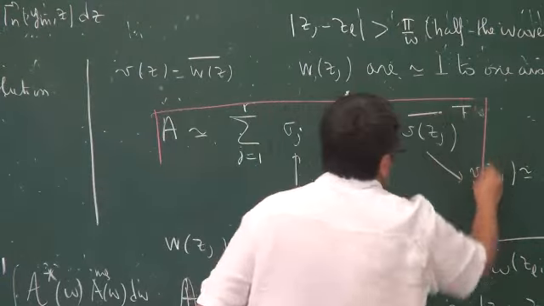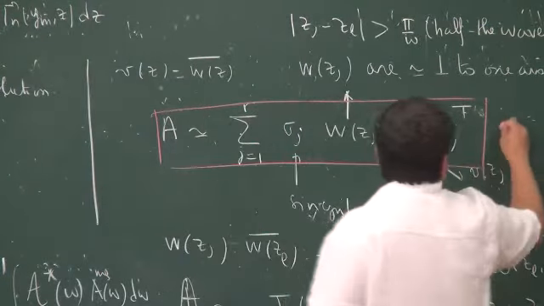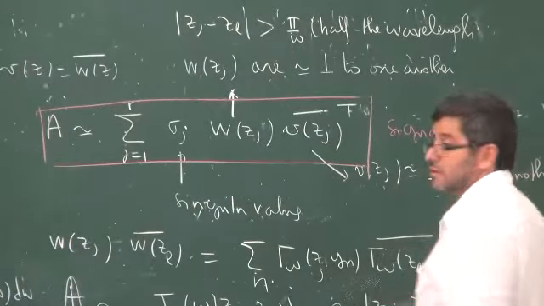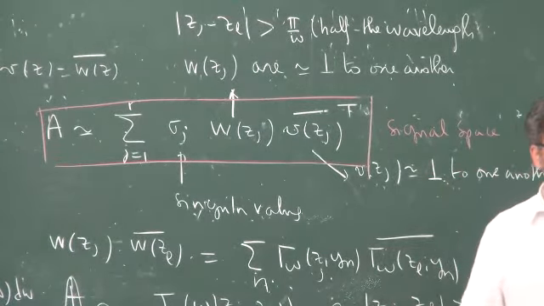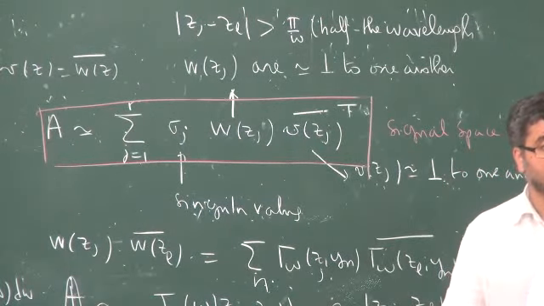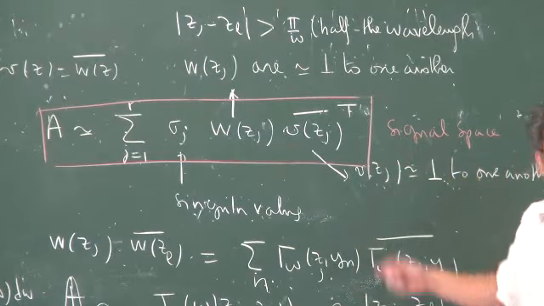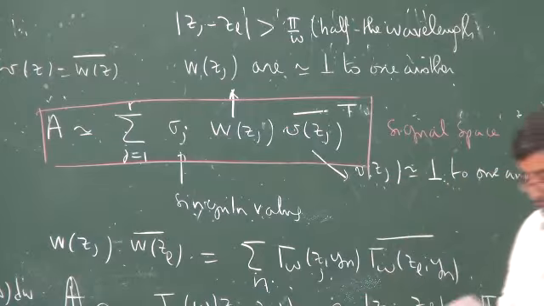This gives the signal space. The signal space is the range of A. This is the signal space, because noise is approximated by zero.